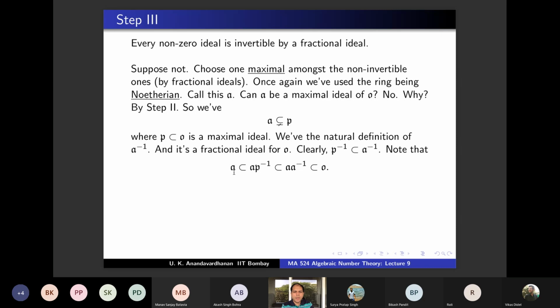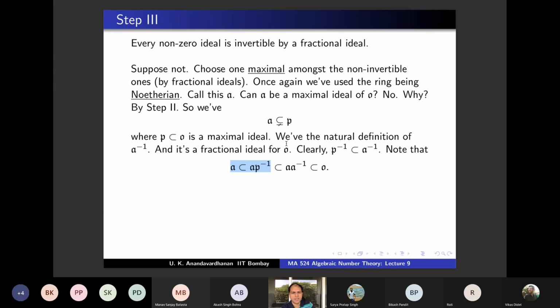Now, the earlier argument that I first said verbally and then showed on the slides, do you think you can apply that to this? Earlier I showed that P inverse times P is not equal to P. What was the argument? There we used integrally closed. Same argument can be applied here, no? I want to show that this is strict. If this is not strict, what will happen? P inverse A equal to A. But A is finitely generated, right?